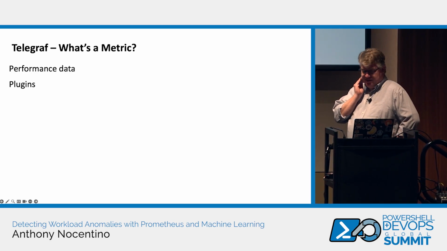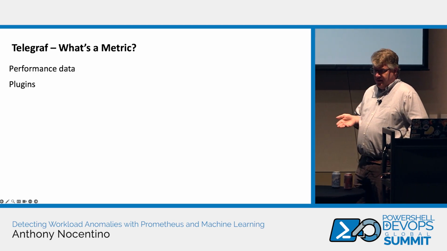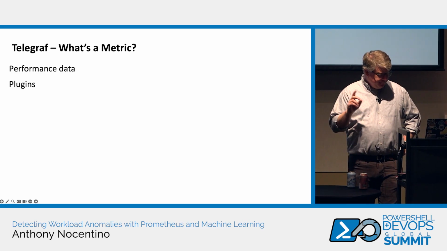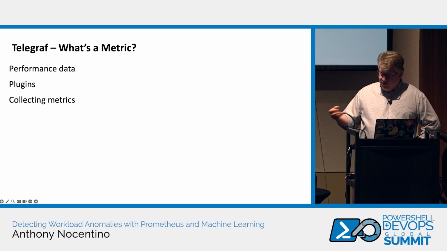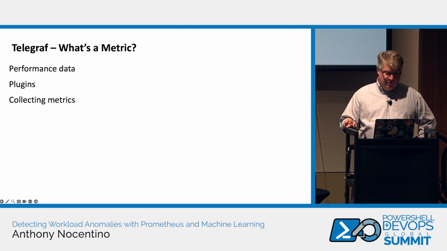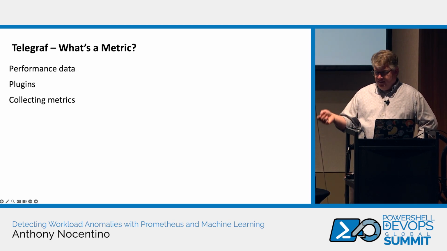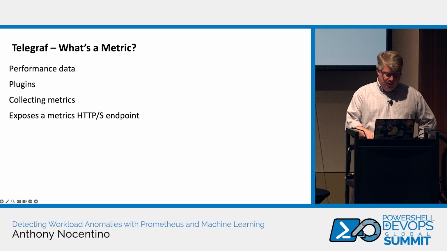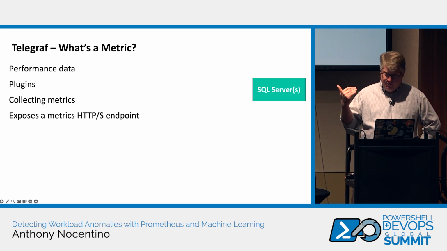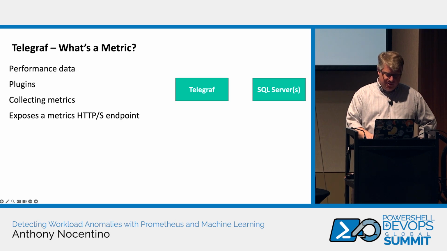Telegraf has a bunch of plugins. We're going to focus on SQL Server today, and we're going to look at some of the other ones in a second. Telegraf has the responsibility of collecting the metrics from the thing. So you don't have to be a SQL Server pro to write DMVs or to hit perf counters. You can just configure Telegraf to go get that for you, and it exposes that over an HTTP endpoint. In the system we're building today, we're going to have a bunch of SQL servers.